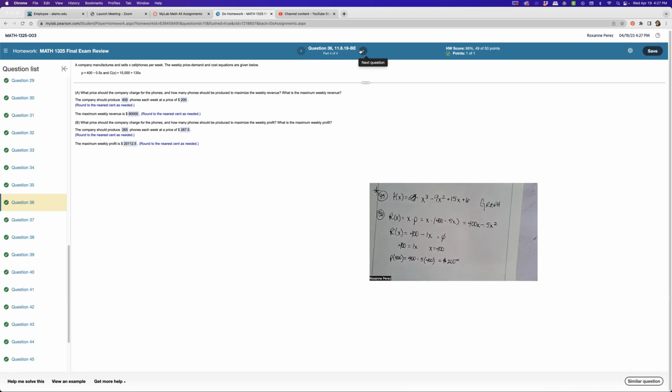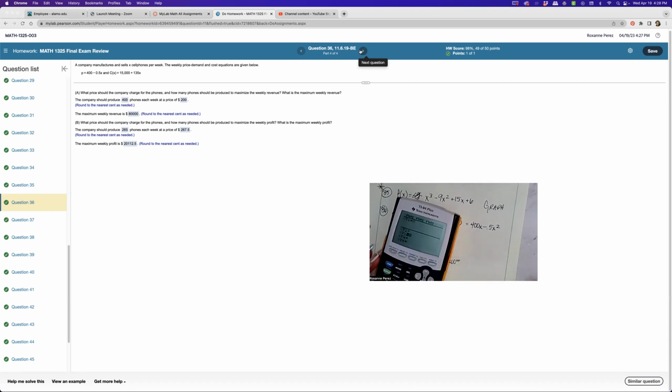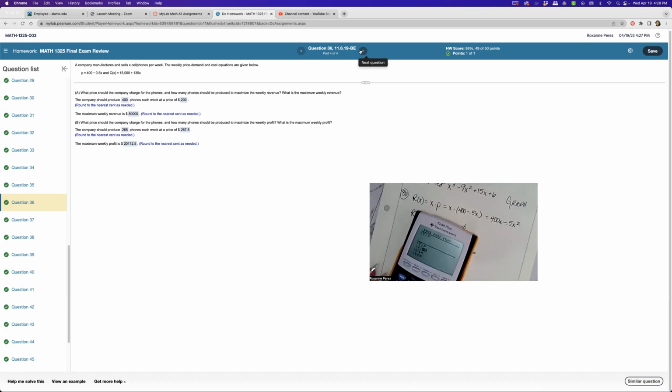Another way we could do this is by graphing. You guys already know I love to graph things. So we're graphing the revenue function, 400x minus 0.5x squared. I'm going to change my window. We're operating in real units, so 0 to, let's go 500. Revenue should be fairly large, so let's start at 10,000.